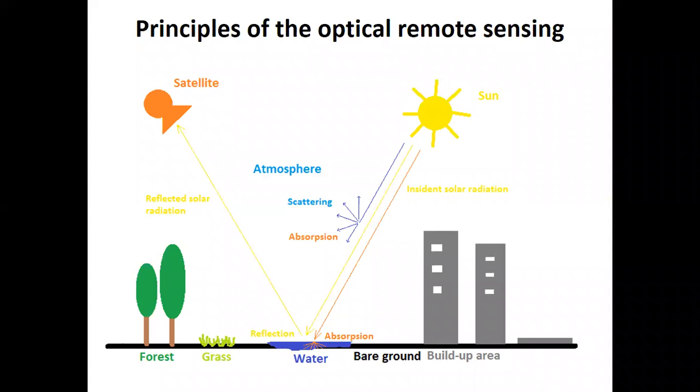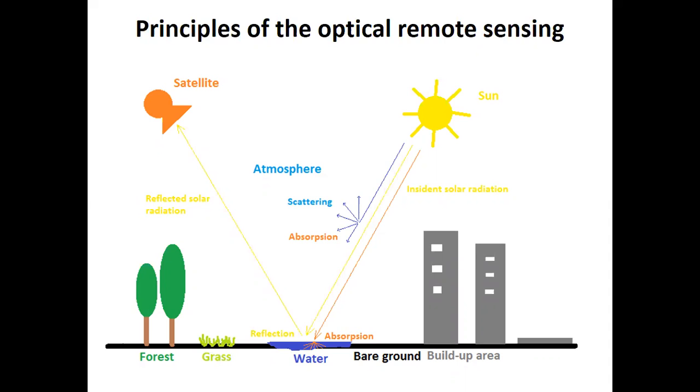So in principle, the general scheme of how optical remote sensing works looks like that. This is a very primitive picture, but the sun radiation is going through the atmosphere and is partly absorbed by the atmosphere.